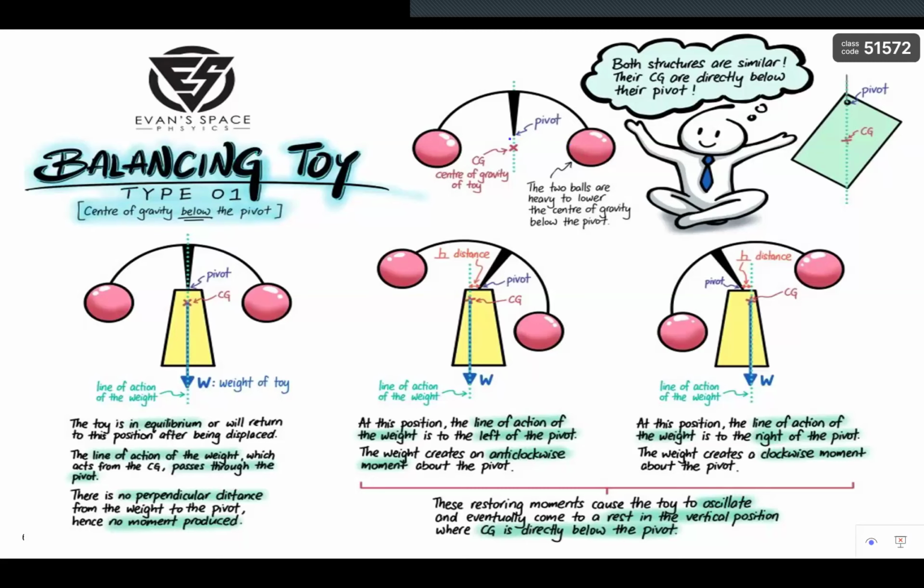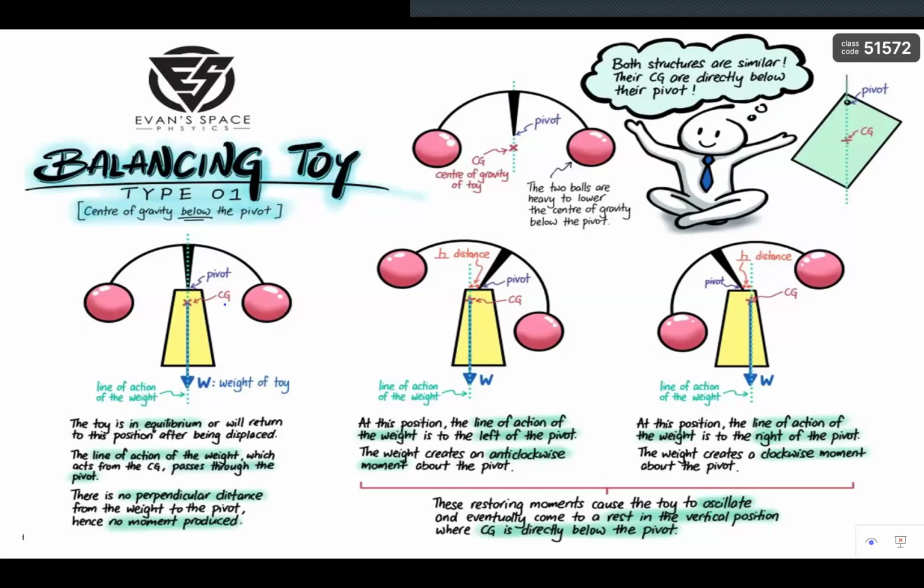So these two balls will cause the center of gravity of this whole toy to be downwards. Remember, the center of gravity might not be on the object. So in this case, the center of gravity is directly below this point over here. This black line with this pivot is the balancing toy. So the center of gravity is directly below it.